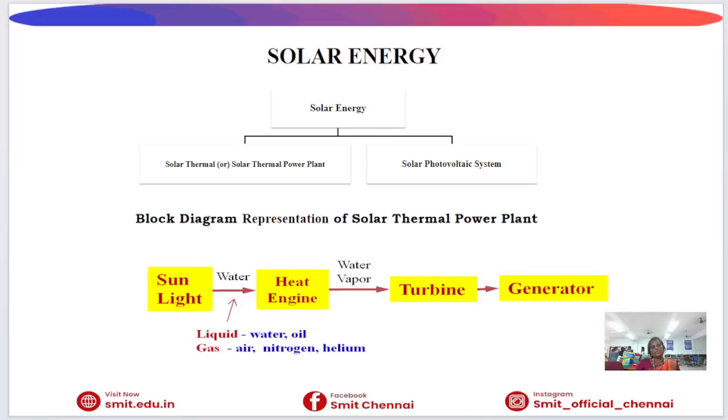This heat energy is then used to produce steam or heat a working fluid. The heated fluid drives a turbine connected to a generator which produces electricity. So the overall process involves collection of solar energy, conversion into heat and generation of electrical power.